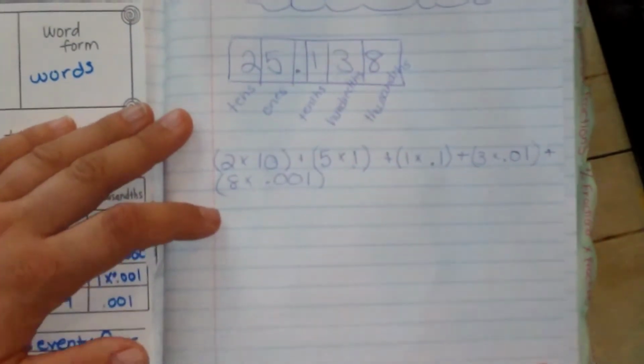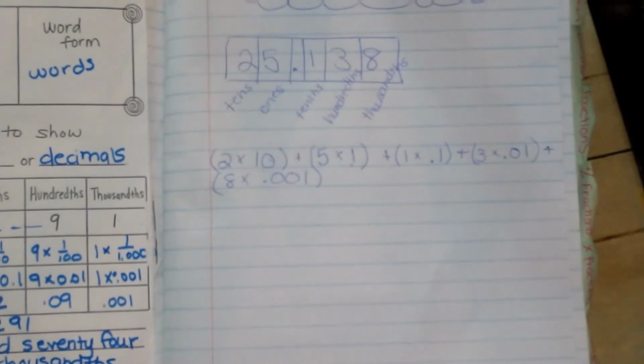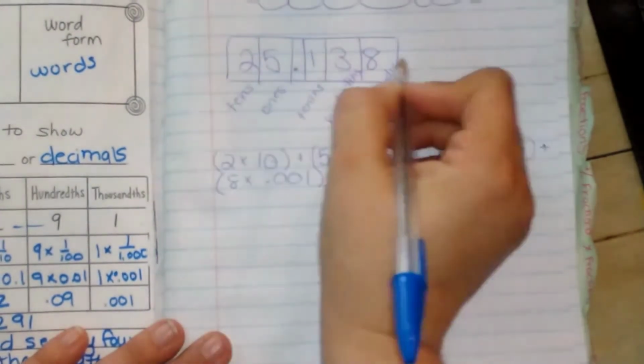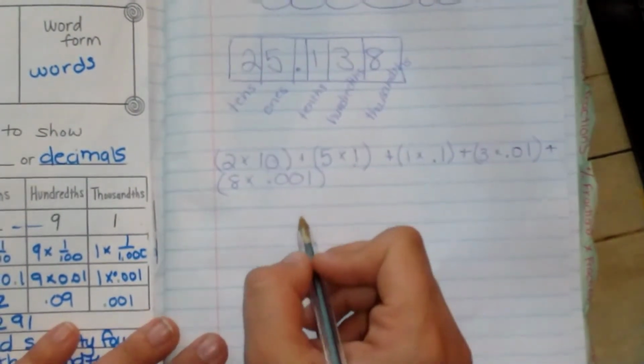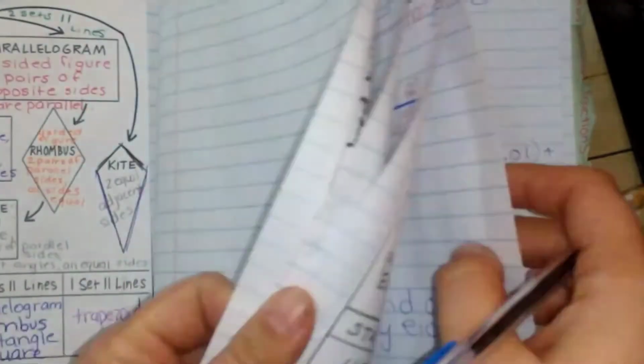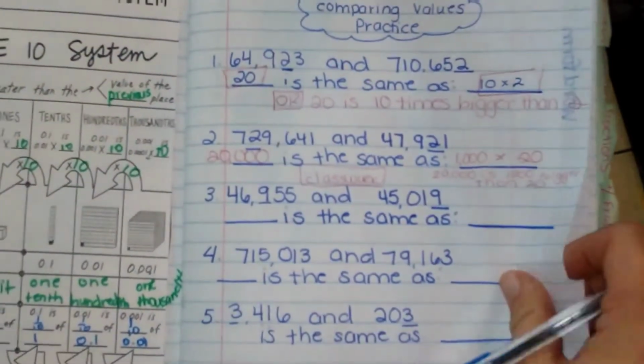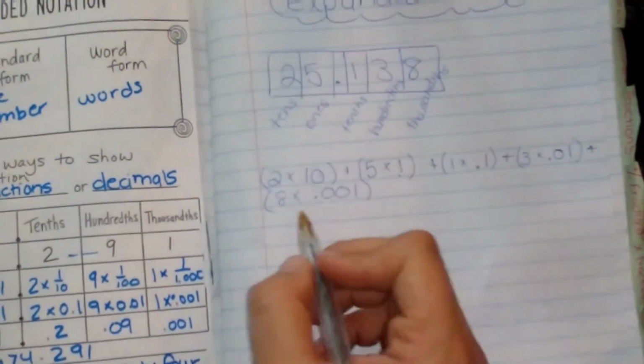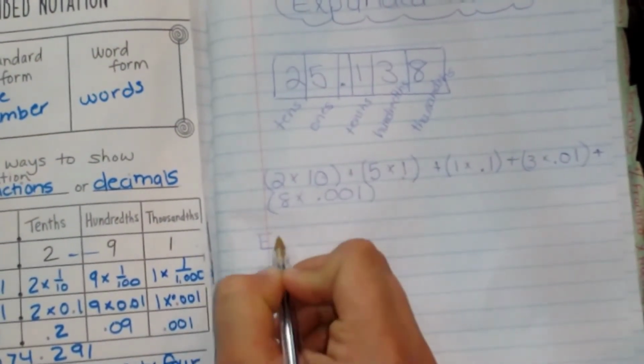Okay, let's do another example. We're going to use our place value chart that is down in our notes over here. Okay, so here are my examples.